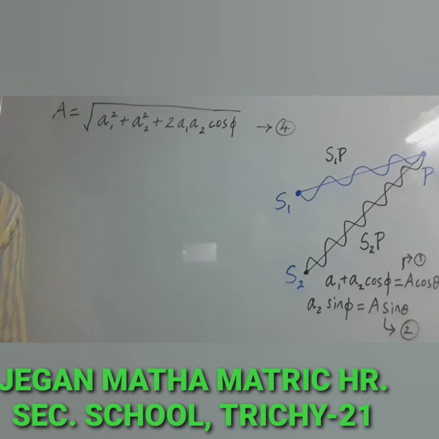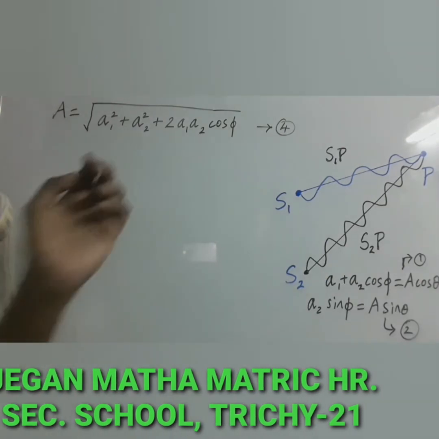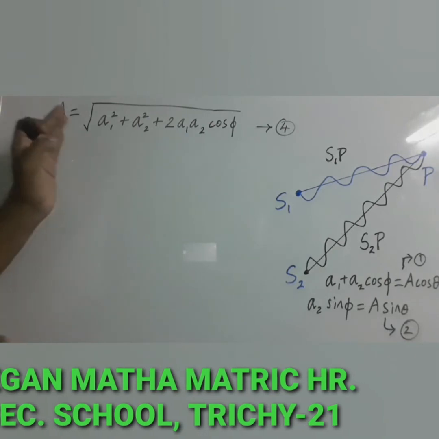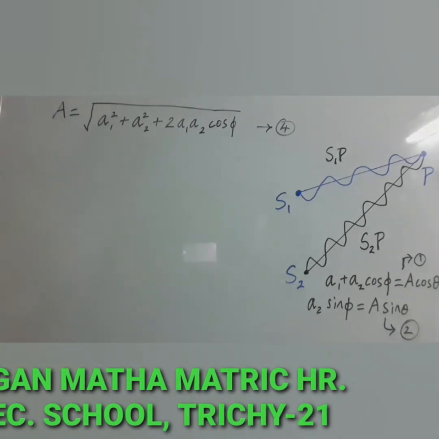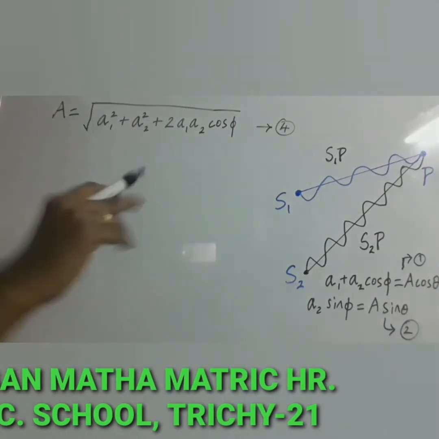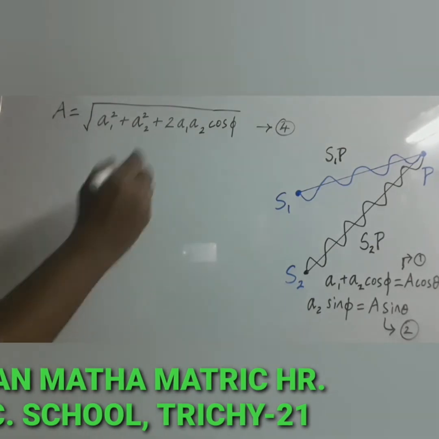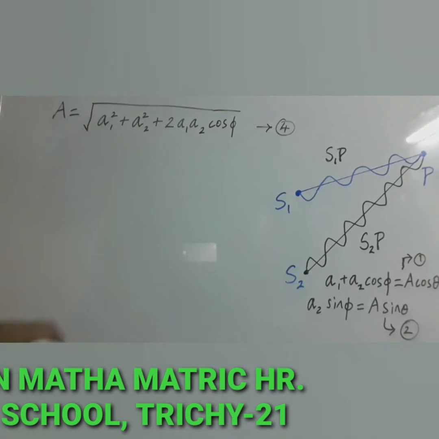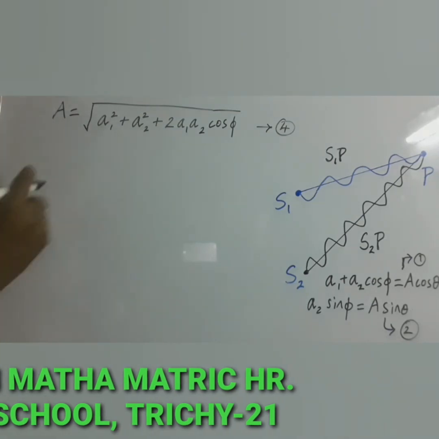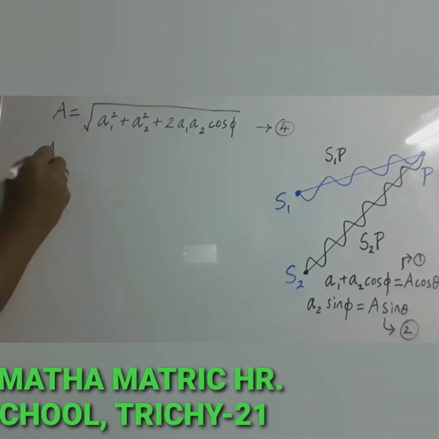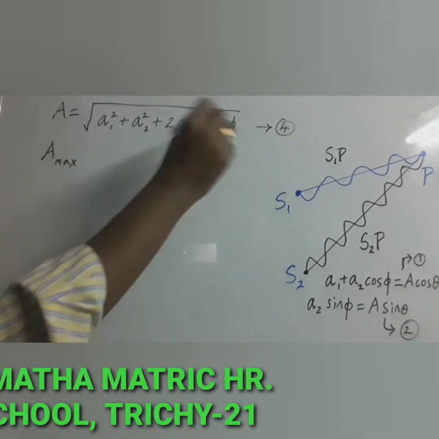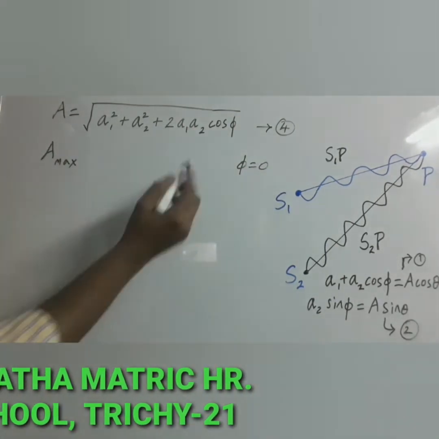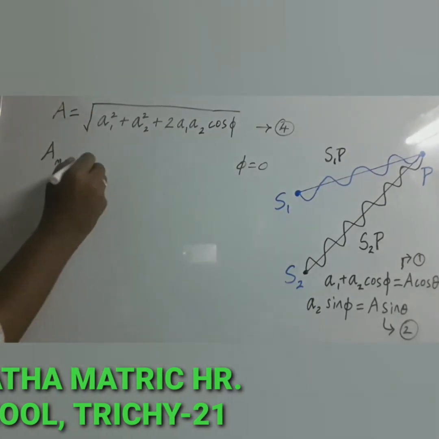As I have told already, the resultant amplitude is determined by the phase angle phi. When the resultant amplitude has the maximum value, cos phi should be equal to 1. When the cos phi value is equal to 1, the phi value should be equal to 0. So when phi is equal to 0, we can apply cos phi equal to 1. So what is the remaining thing?